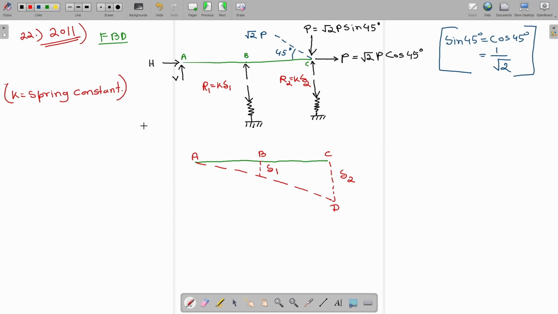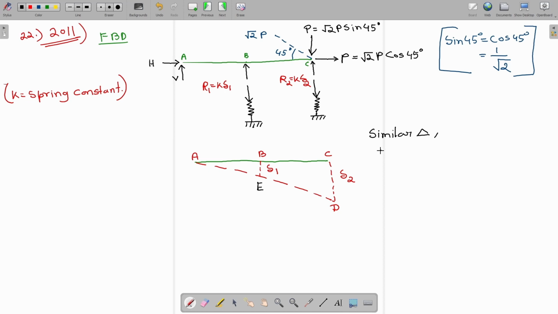Now from the principle of similar triangles, triangle ABE and triangle ACD, we can write it like this.